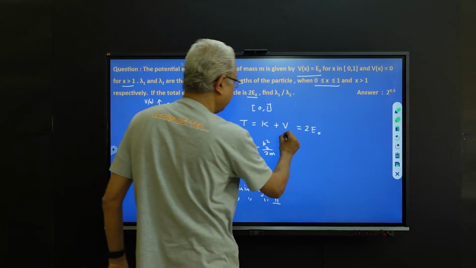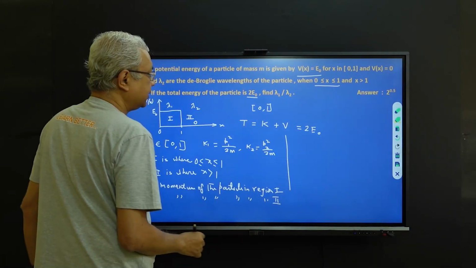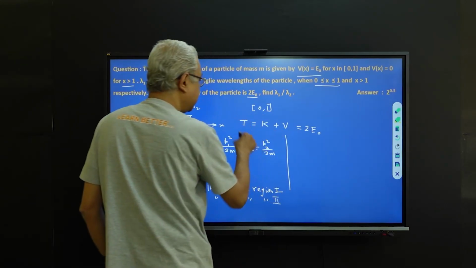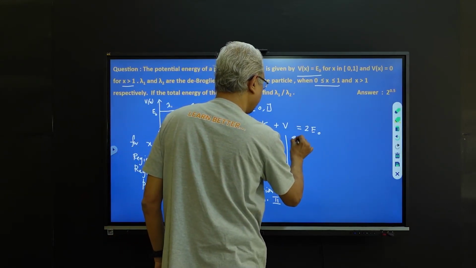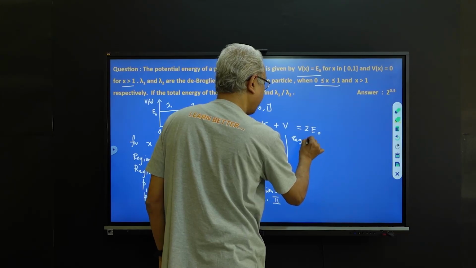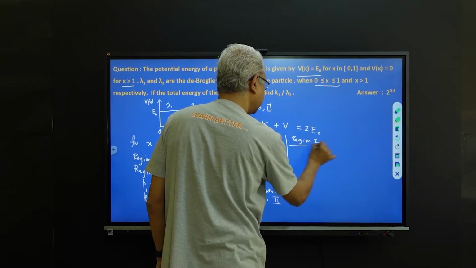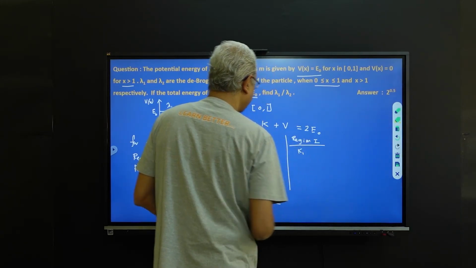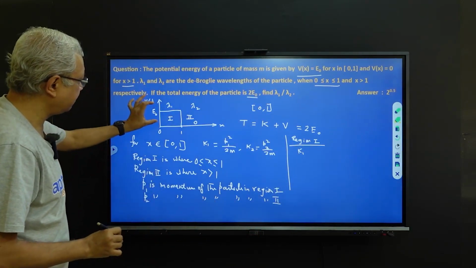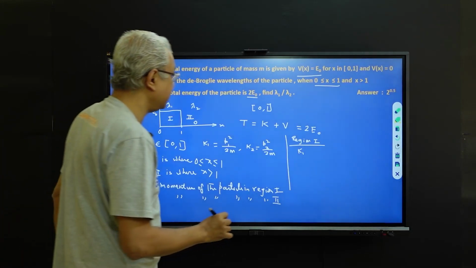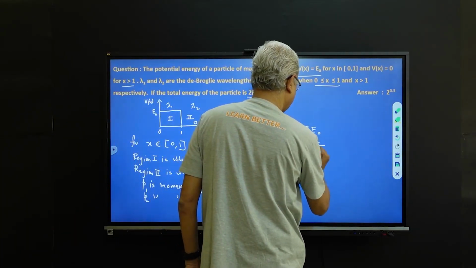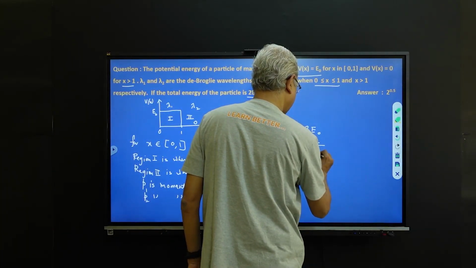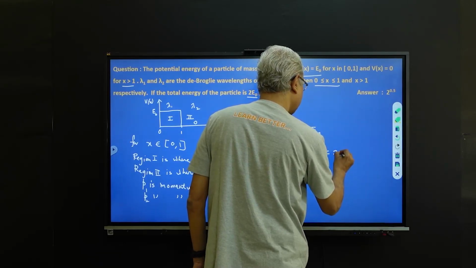Now, from the given condition, I can write. So, in region 1, total energy is 2 E naught, but it is K1 plus the potential energy of the particle in region 1, which is E naught, equal to 2 E naught.